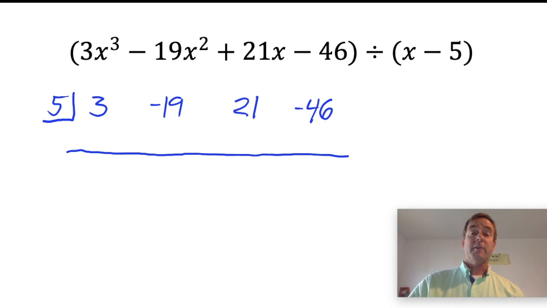And here's how the process works, step by step. The first term from the dividend, the 3, that gets dropped straight down, written on the line below. 3 plus nothing gives us 3. Next, we take what's down here below and we multiply it times what's up in the balcony. 3 times 5 makes 15.